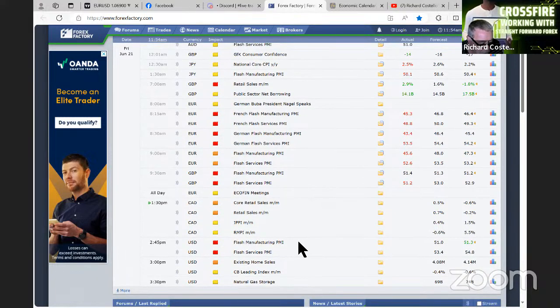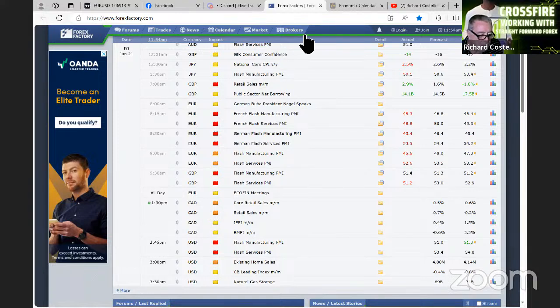But then I noticed that at 2:45, we've got some high impact news on the US dollar. And at 3 o'clock, we've got medium impact and low impact. So I'm expecting there might be some small movement caused by the 1:30 news. I'm really expecting the bigger movement to be at 2:45 and possibly at 3 o'clock, but I'm not really expecting the major move to be at 1:30 today.